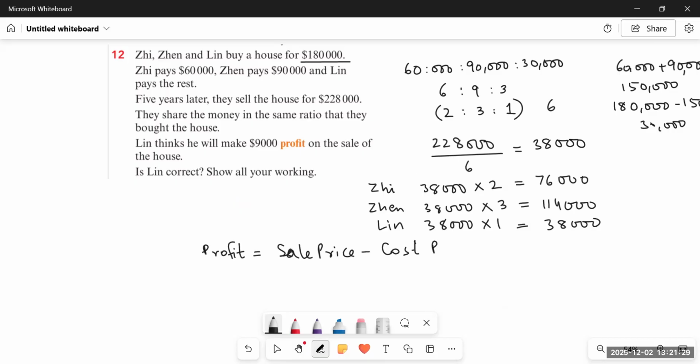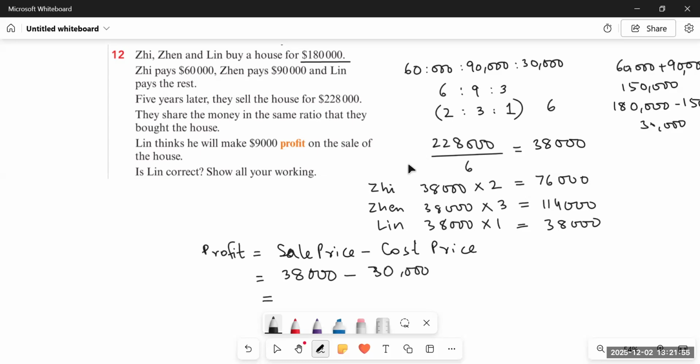That is, at which price we bought and at which price we sold. So the selling price for him, he is getting 38,000 on the sale, and he paid how much amount? It was 30,000.